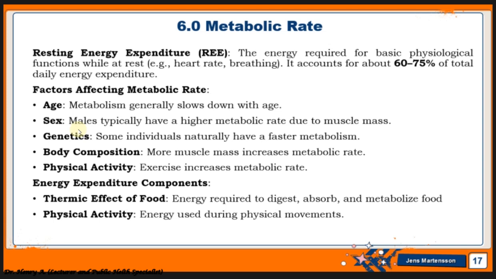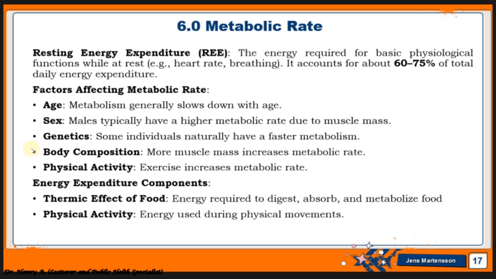Now, one of the main factors that affect metabolic rate is age. The others are sex, genetics, body composition, and physical activity. All these things affect metabolic rate. In terms of age, as we age, our metabolism tends to slow down, and that is primarily due to a decrease in muscle mass.